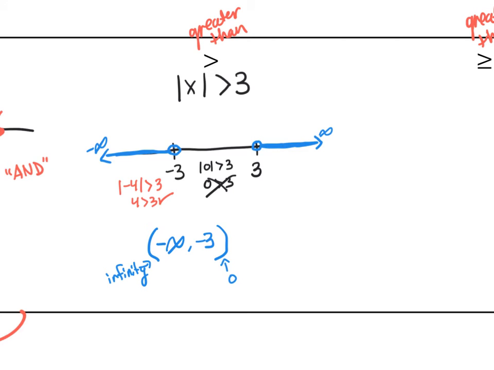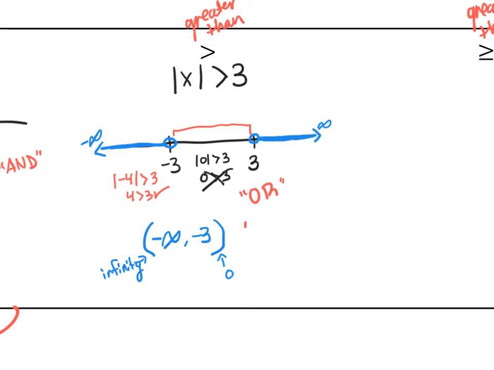And then there's this gap that we can't include anything in, and so that's the or. The notation for or is this little U symbol. So it can be from -infinity to -3, or from 3 to +infinity. And again, it's a parenthesis because it's an open circle, and because it's an infinity.